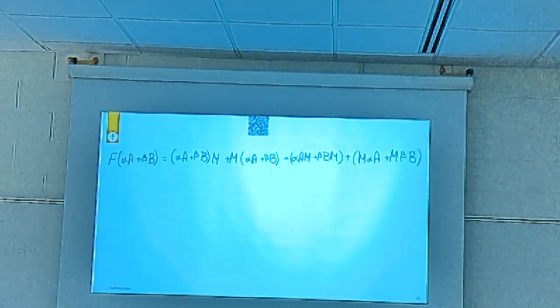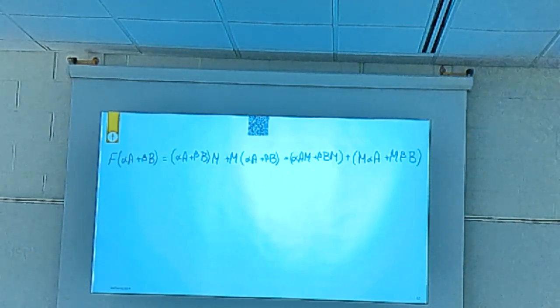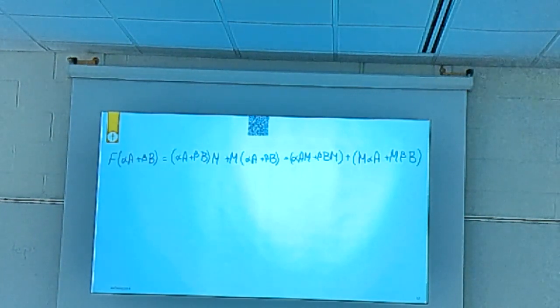So that first grouping would be alpha A, remember that's one matrix, times n, plus beta B, that's a matrix, times n. That second grouping would be m times alpha A, plus m times beta B. Matrix addition.